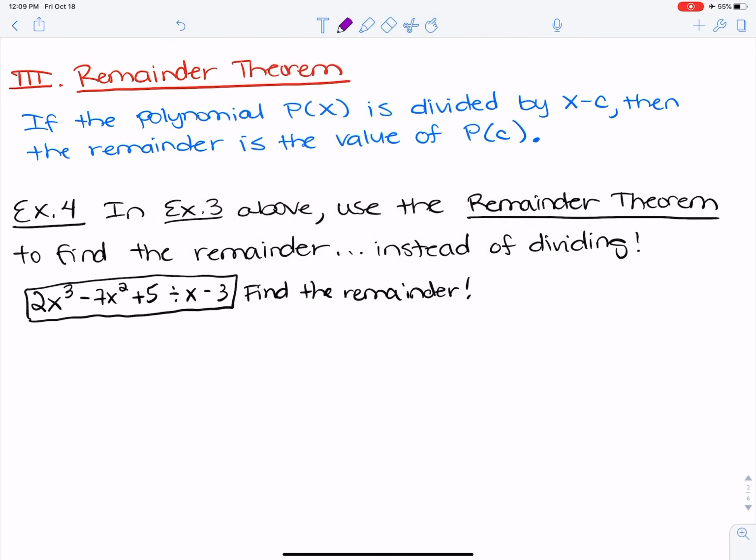Okay, so the first step. P of 3 is the remainder.